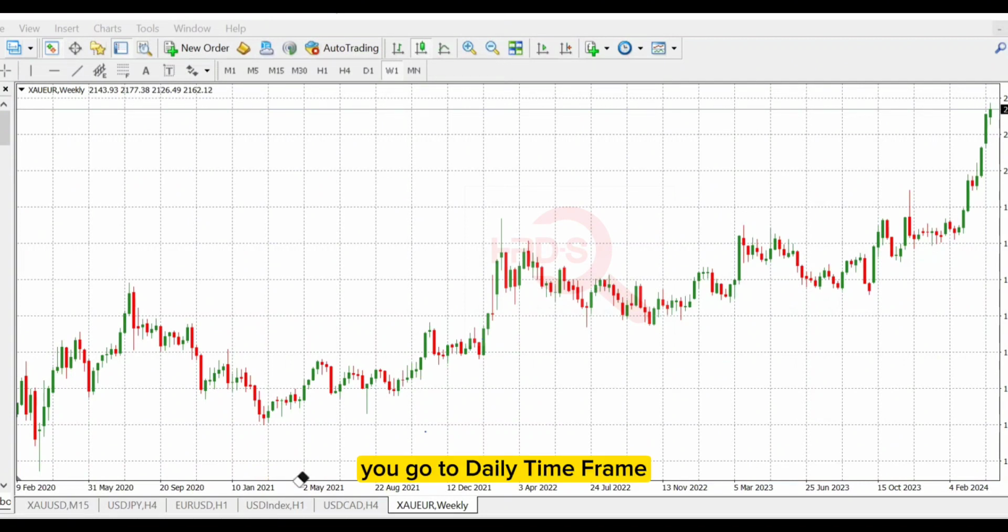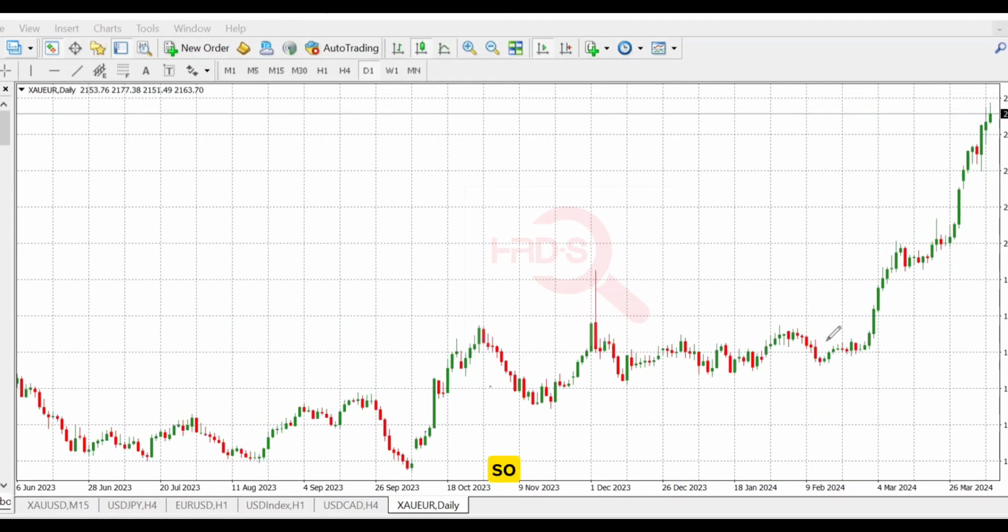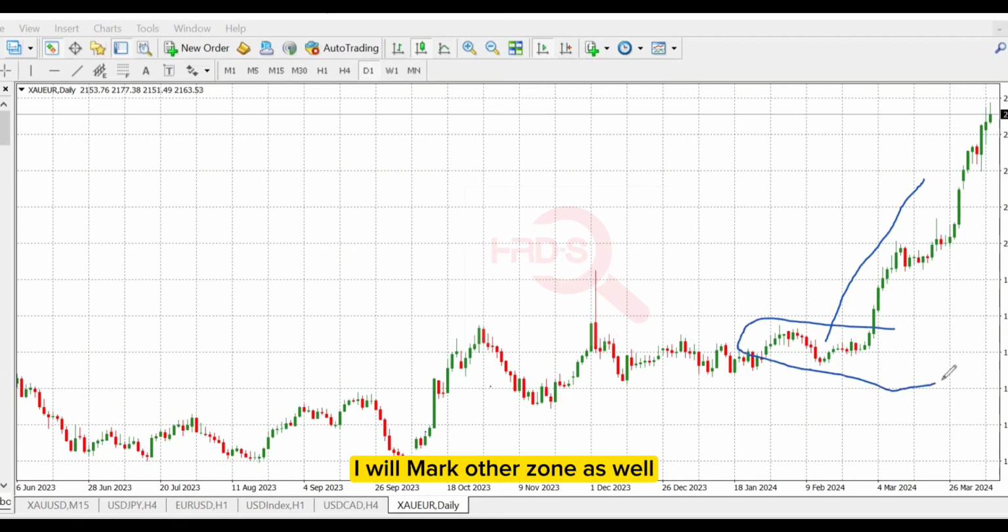So you go to daily time frame. I'm just trying to touch every time frame. Every time frame has its own order block. So I will go to daily time frame now, and I will see there is what? A large move here. I will mark out this zone as what? Demand zone. That price is going to return right inside here before making an upward move, or later in the future.